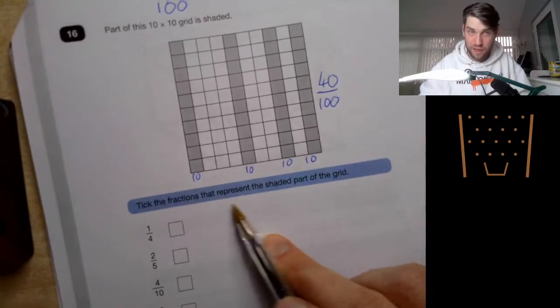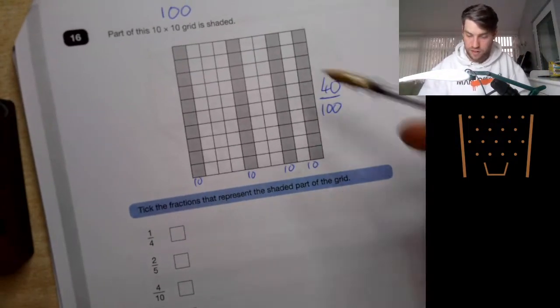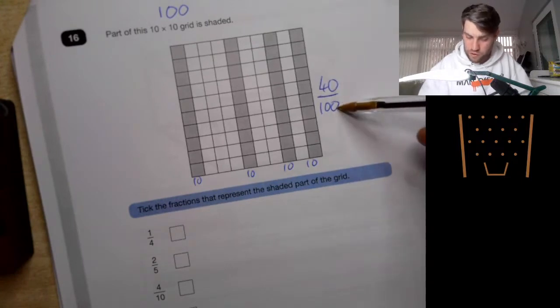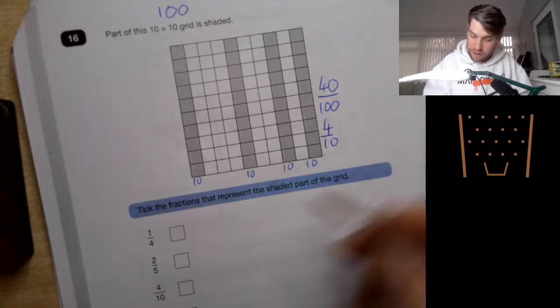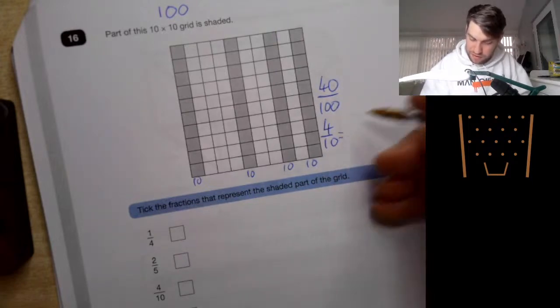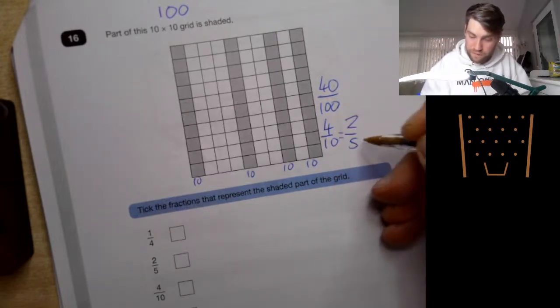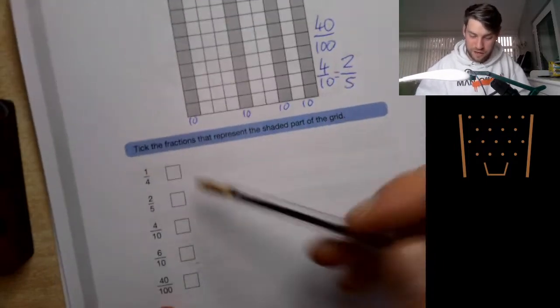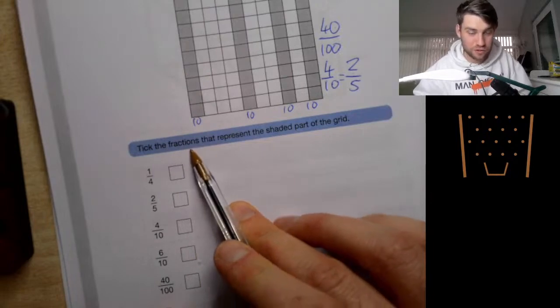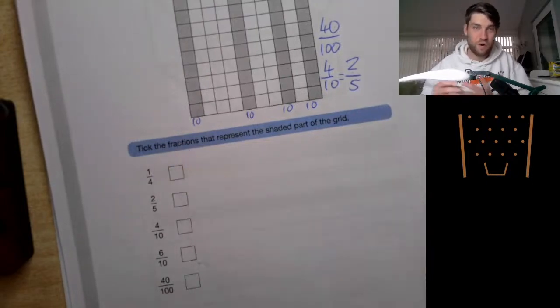Take the fractions that represent the shaded part of the grid. So now that's 40 over 100. Well, that's the same as 4 over 10. And that's also the same as 2/5. Because it says fractions, I know there's more than 1 answer.